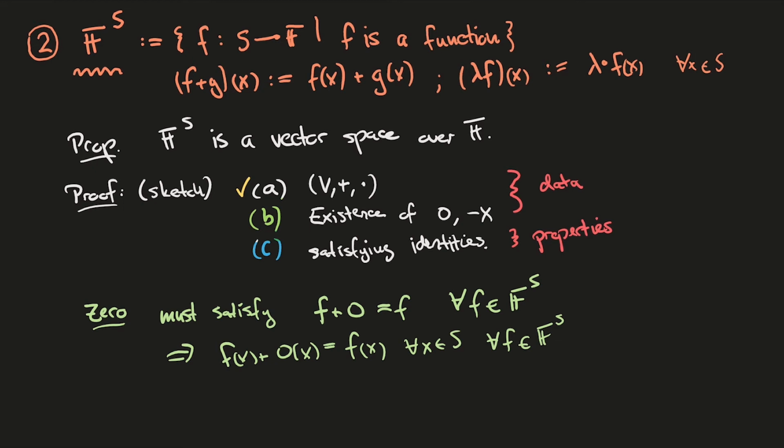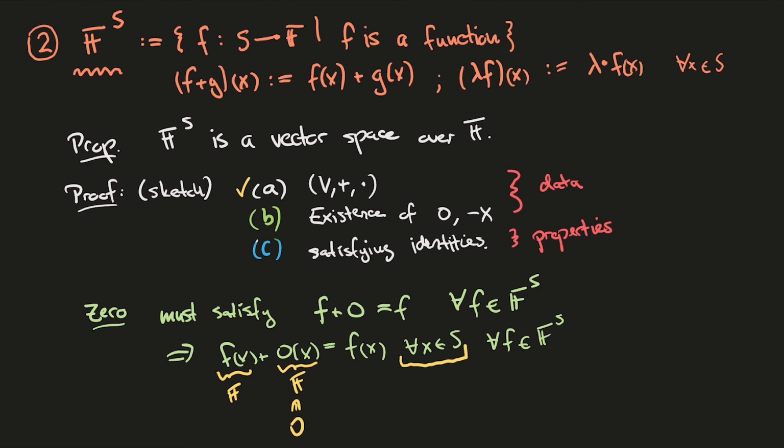Okay, so we want our 0 element in Fs to satisfy this condition on the bottom, and we note that each of these elements is an element of our field F, since elements of Fs map objects in S to objects in our field. Now we already know of an element in F that has this property that we're requiring, namely that if we add it to some other element of F, we get back the original element, and that's just the element 0 in F. In fact, this 0 in F is uniquely determined, which means that we're forced to choose the 0 in order for this equation to hold.